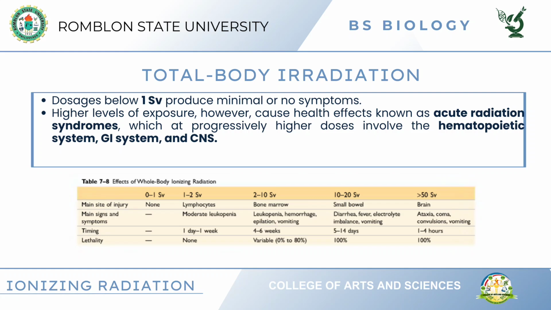This means that at lower doses, the body can often repair the damage or handle the exposure without significant harm. However, when the radiation dose increases beyond 1 sievert, dito na it can lead to acute radiation syndromes or the ARS. ARS is a group of symptoms resulting from high doses of radiation.